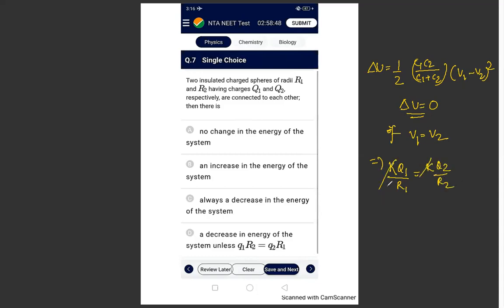This K is going to cancel this K. So Q1 R2 is equal to Q2 R1, right? This is going to be small q1 and small q2, the final charges. So the answer is option D.